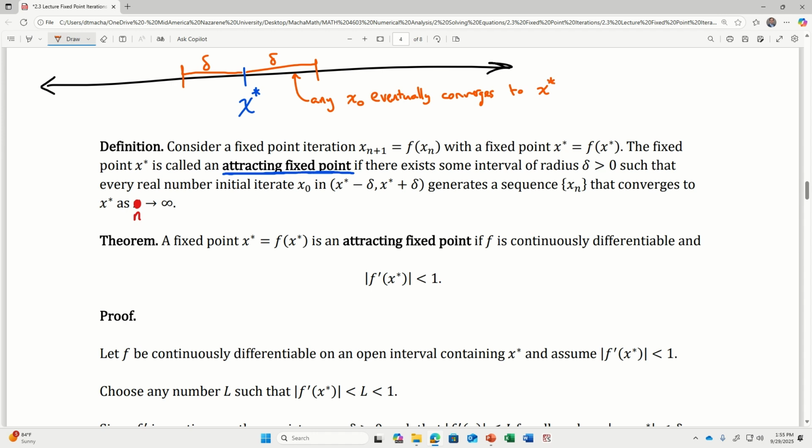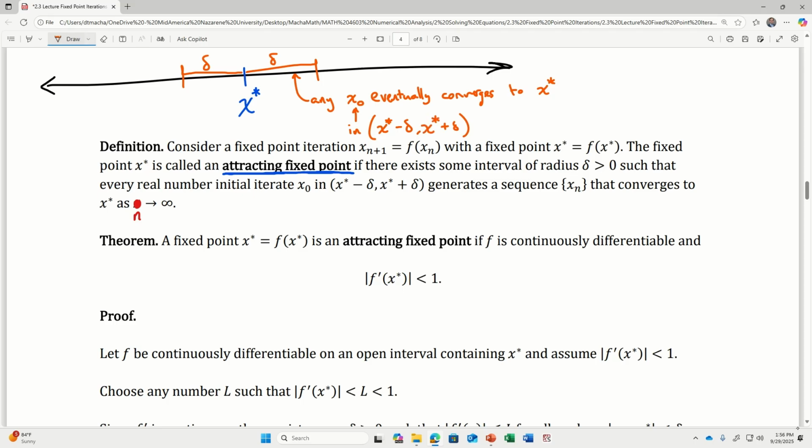That's what makes it attracting: all the points near the attracting fixed point end up getting attracted to it. It doesn't have to be that way for the whole real number line, but it has to be that way for an interval of points near the attracting fixed point. So any initial iterate in this interval converges to the fixed point. That's what makes it attracting.